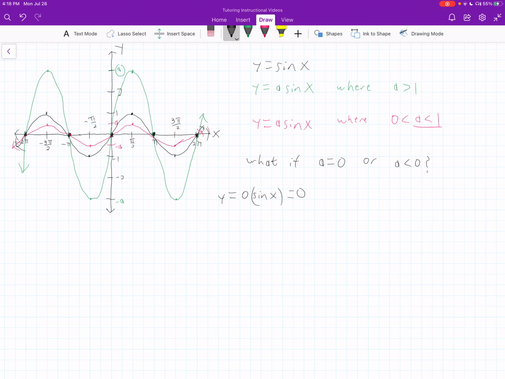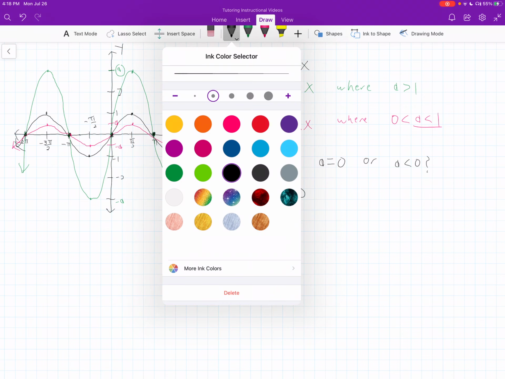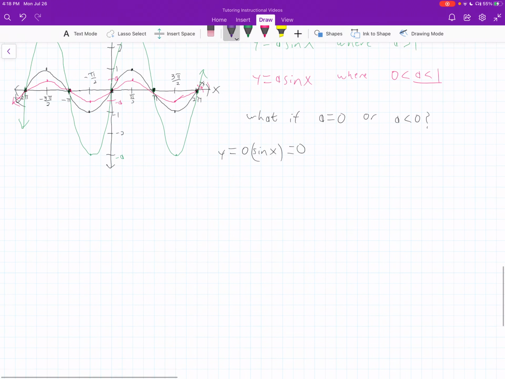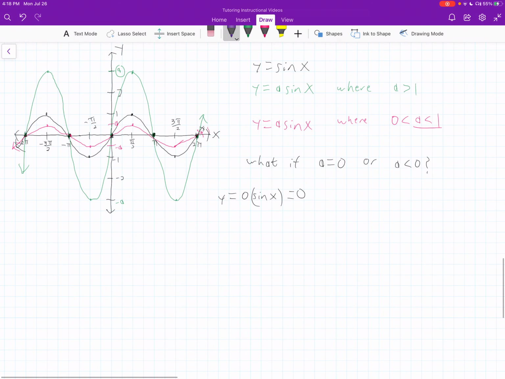So we would literally end up, I'm going to use yellow for a different color, with this. It should be on the x-axis, sorry for my poor drawing skills, but it should just be that, because y is always 0. So that was easy to answer.